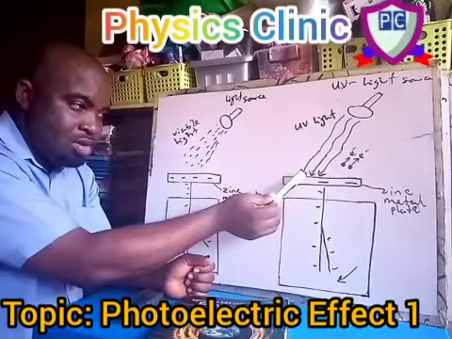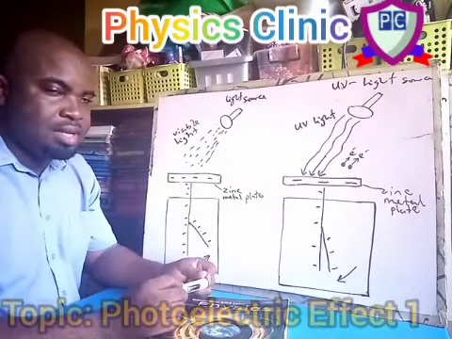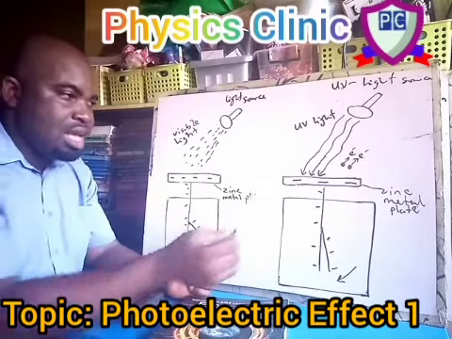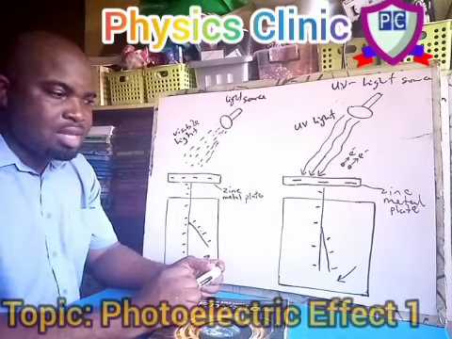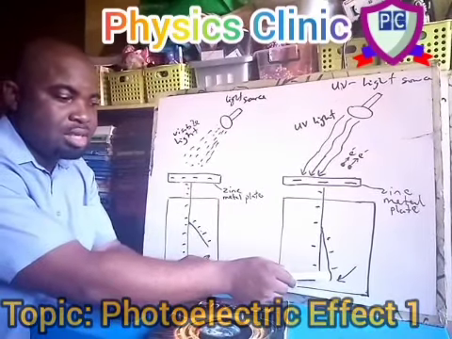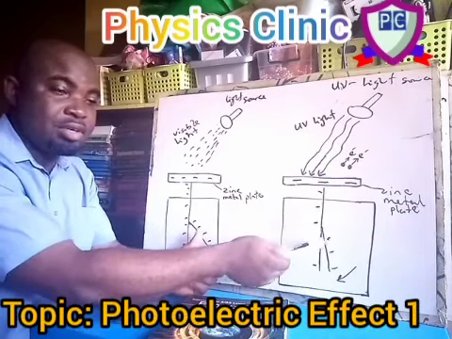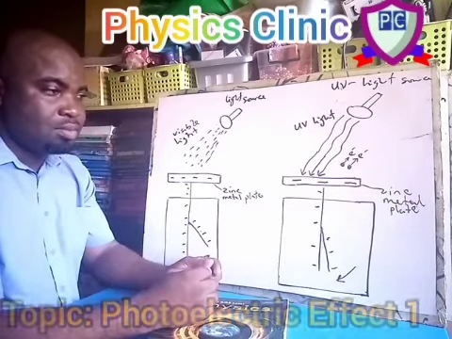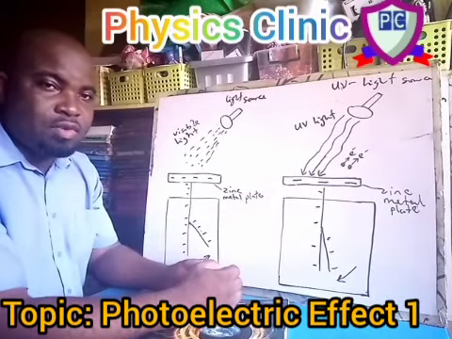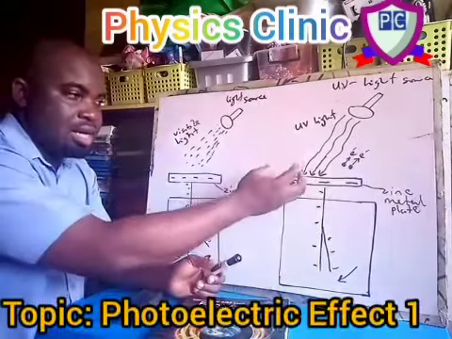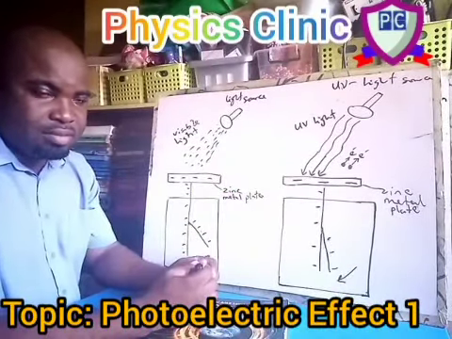The moment the ultraviolet light is incident on the zinc metal plate, electrons are instantaneously seen jumping out of the metal surface, and as a result the leaf collapses, indicating electrons are leaving the gold leaf electroscope. These electrons are what we refer to as photoelectrons because they are caused to leave the metal surface as a result of light.